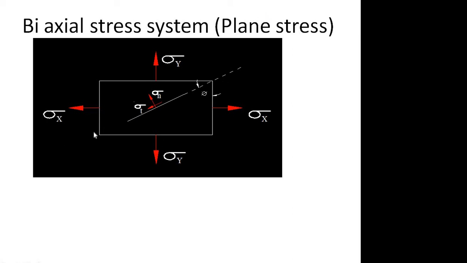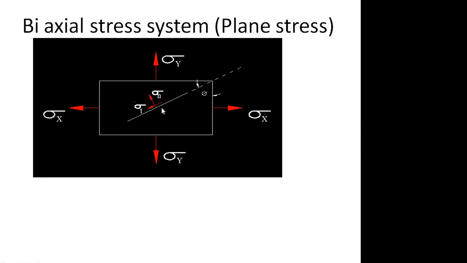We have a rectangular block with sigma y acting along the y direction and sigma x, the normal stress component along the x direction. This is the stress acting on the material. Now consider a plane which is inclined from the vertical plane at an angle theta.